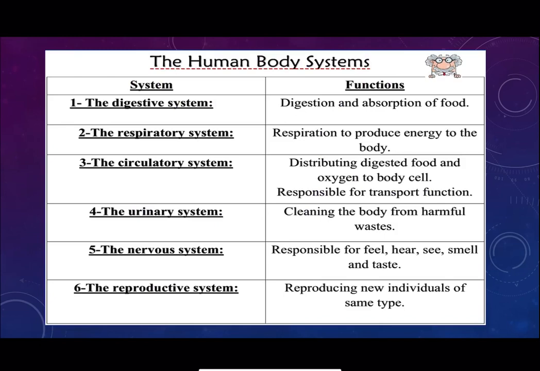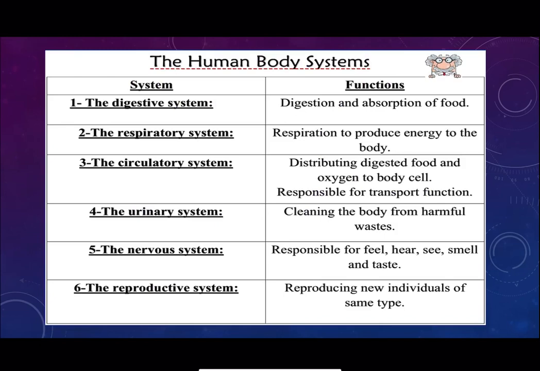Okay? So the digestive system, its function is to digest and absorb the food. The respiratory system, its function is to produce energy by the breathing process. Why? To produce energy to digest the food that you eat.